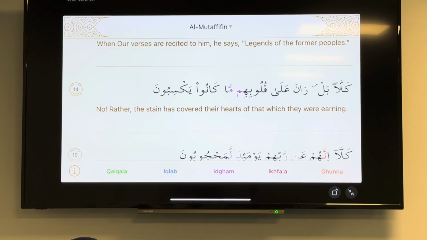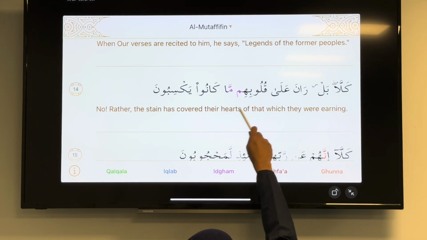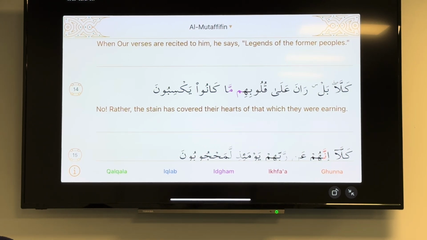We have verse number 14 in Surah Mutaffifin. Can we see our pause symbol anywhere? Yes, on top of lam. So it is a symbol rather than a letter. Look at this, this is a seen where it's a letter. There is a difference between the two.